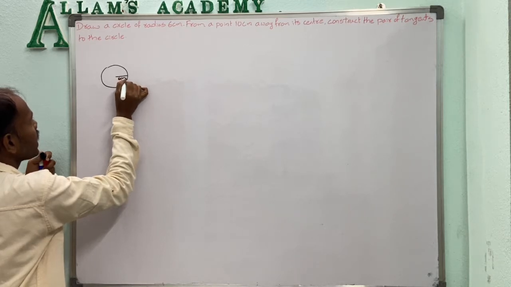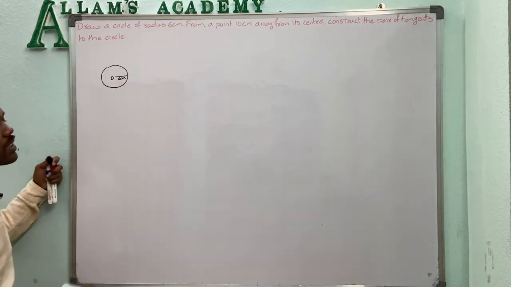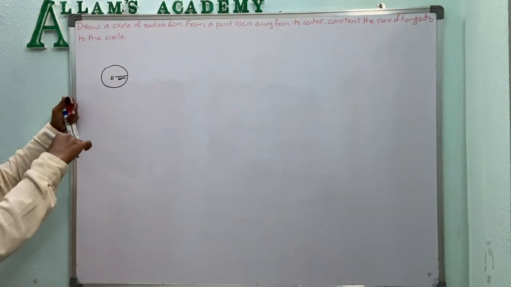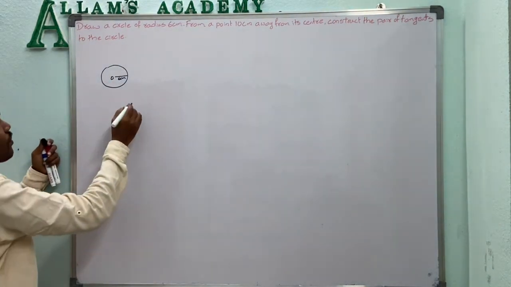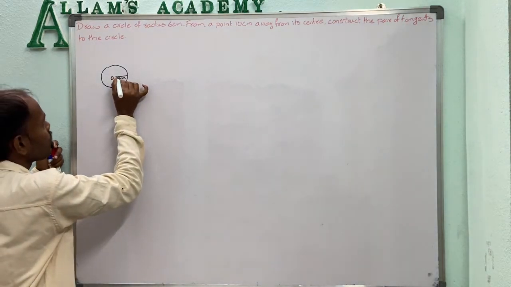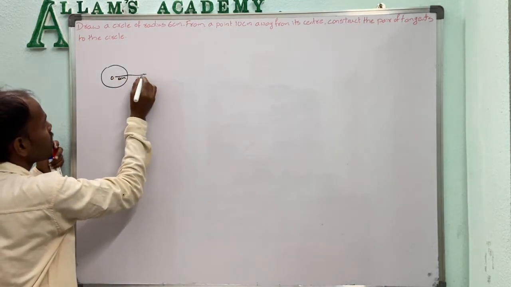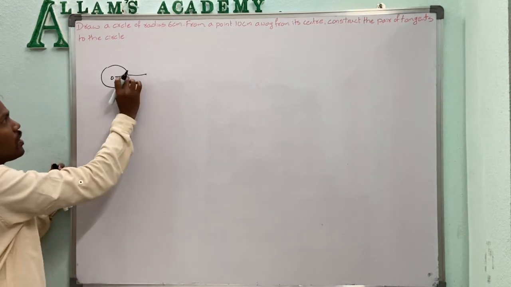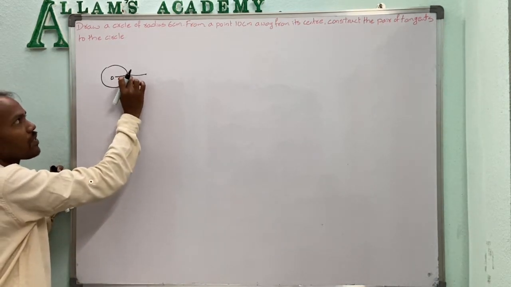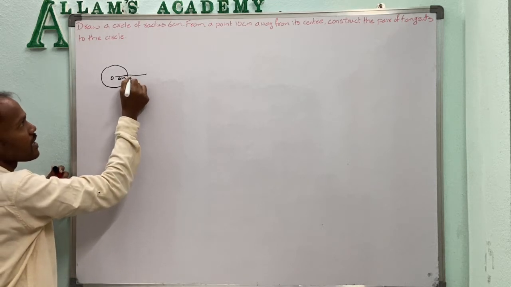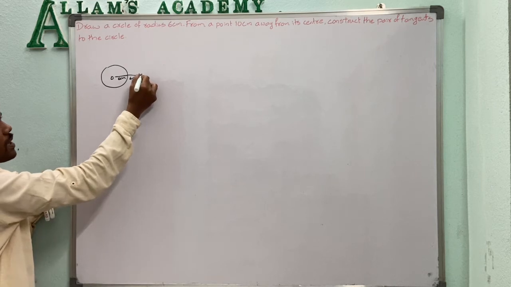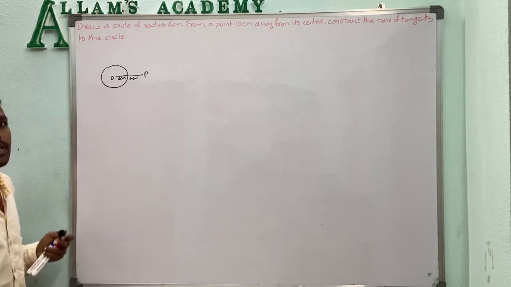Now from its center, 10 centimeters away, we take a point. That means from the circle to this point it is 4 centimeters only.